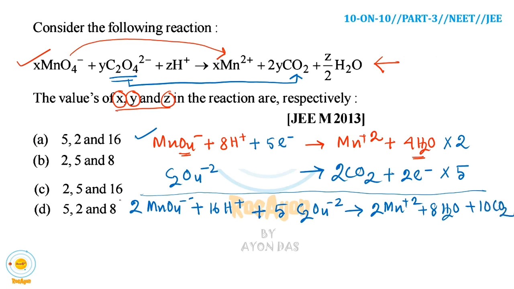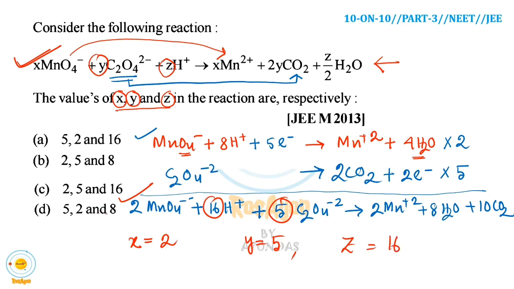Now if you compare this equation with the main equation, you get the value of x equal to 2, the value of y equal to 5, and the value of z equal to 16.